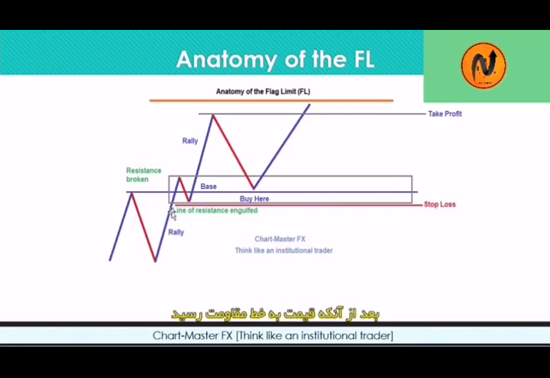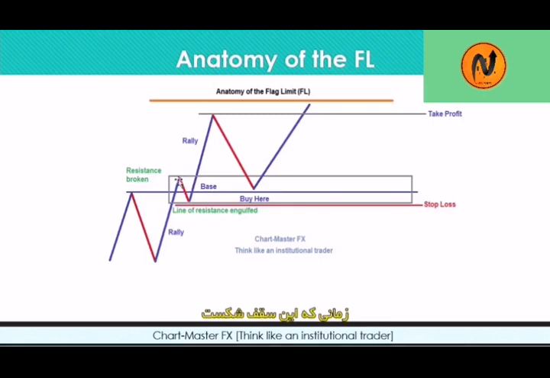Once the price comes to that resistance line, you wait for the price to break the resistance line. Once we have the break of that resistance line, you wait for the price to engulf it. As we see an engulfment in the resistance line, then you wait for this high to be broken.